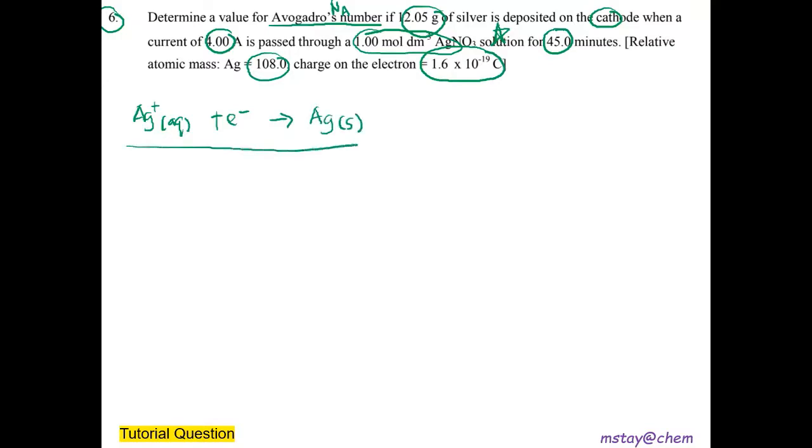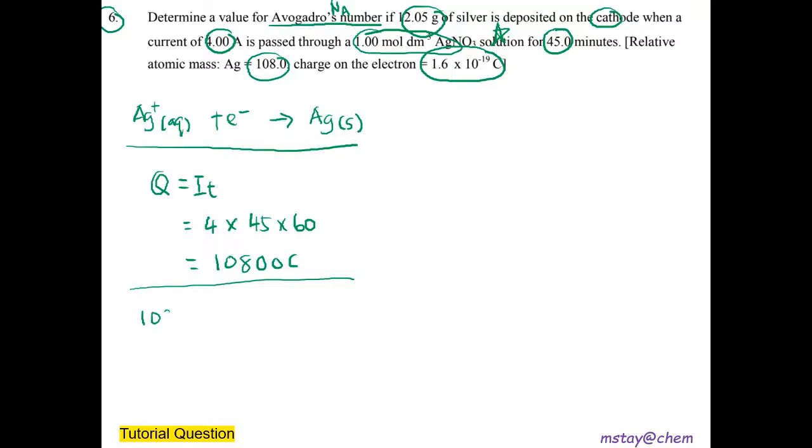Then next, we're going to determine Q equals IT. I is 4 ampere multiplied by 45 minutes and then converted to seconds, which will equal 10800 coulomb. So from the question, we know that if 10800 coulomb is supplied, 12.05 gram of silver will be produced.